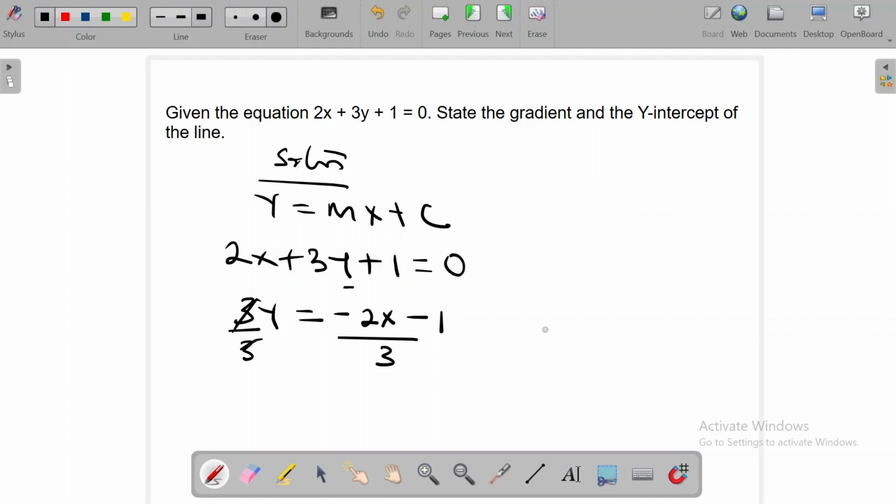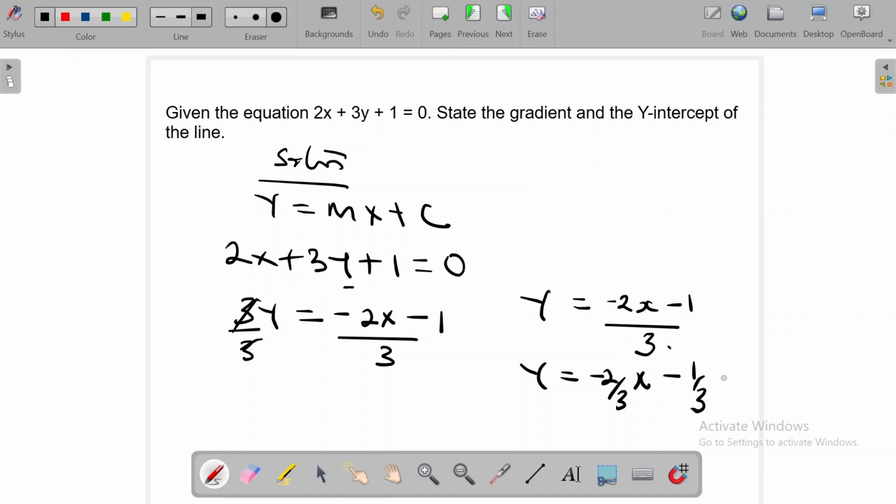This gives you y is equal to negative 2x negative 1 over 3. Now we know we can share this 3 between the both of them mathematically. So I can say y is equal to negative 2 over 3 x negative 1 over 3.